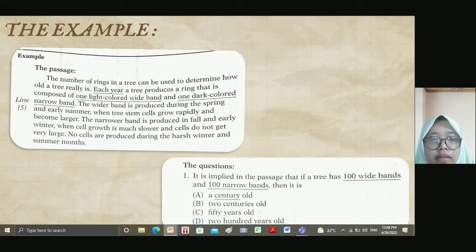Let me sum that up before we move on to skill 5. It means we must find the hidden meaning of the question by looking at the previous sentence. Let's now turn to skill 5.